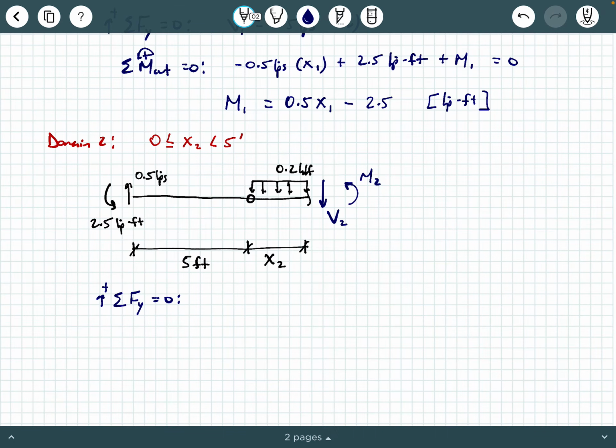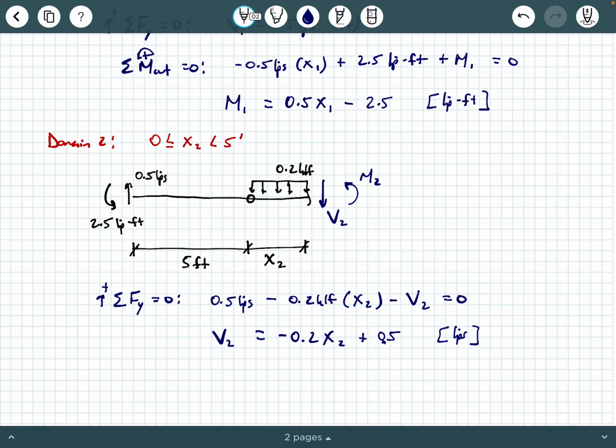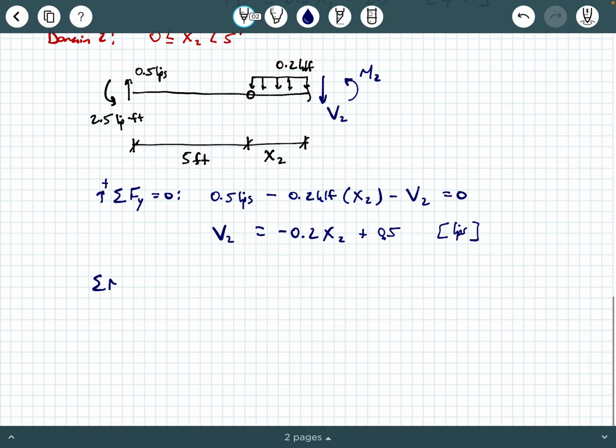And we're going to say 0.5 kips minus 0.2 KLF times x2 minus V2 equals 0. Do some rearranging and we'll get V2 is minus 0.2 x2 plus 0.5, and collectively this carries units of kips.